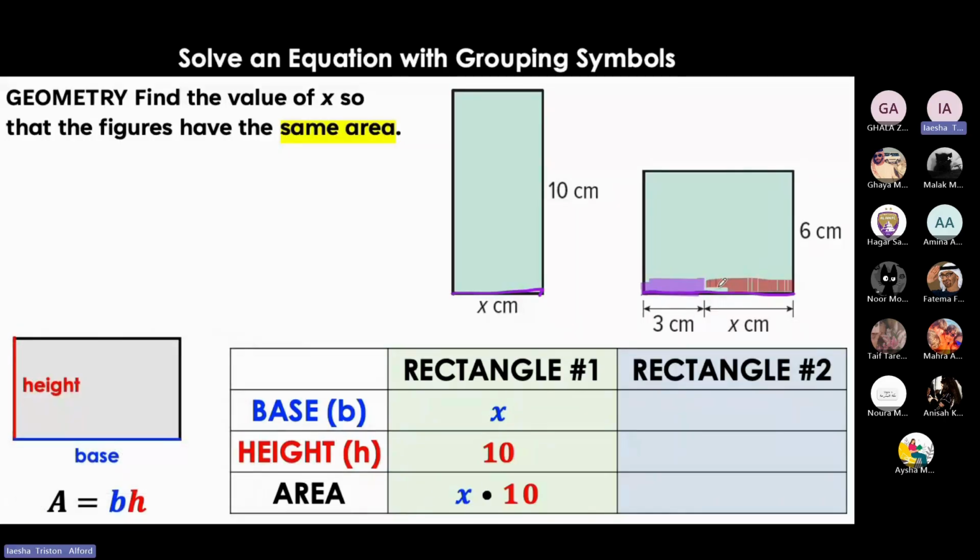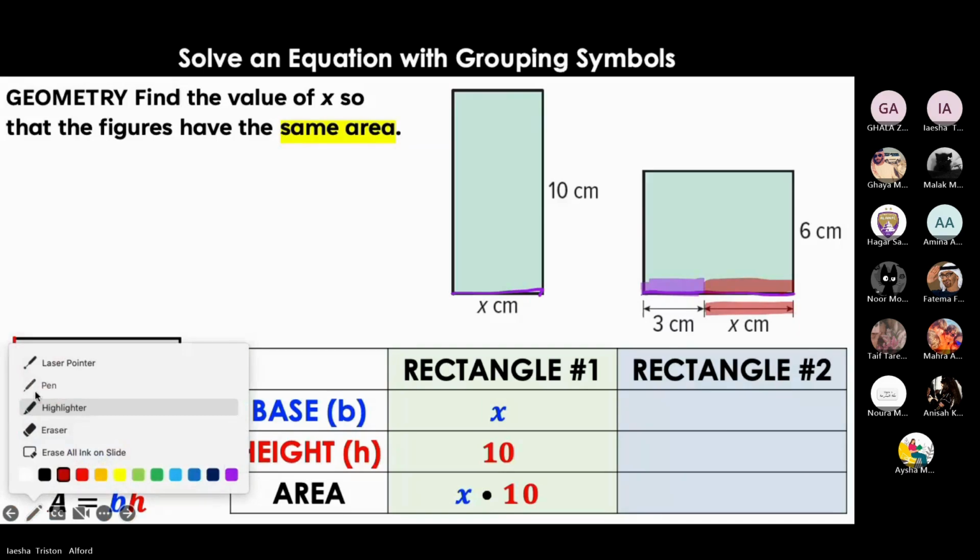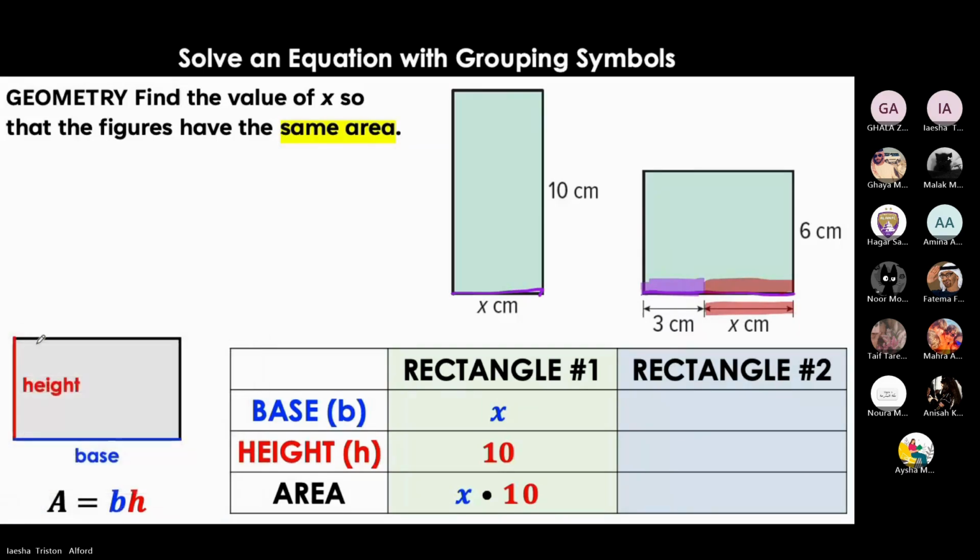This part is x. It tells us just this part is x, and the other part is 3. So how do I get the number there? It has to be 3 plus x. So the base is 3 plus x.